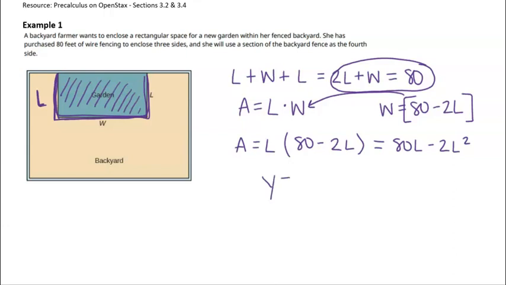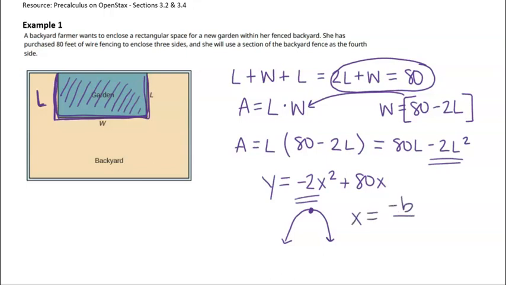And if you're having a hard time seeing it as a quadratic function, we can rewrite it in terms of x and y that you might be a little bit more familiar with. Since this would then be a parabola that opens down, the maximum would occur at our vertex. The vertex of a parabola occurs at negative b over 2a.